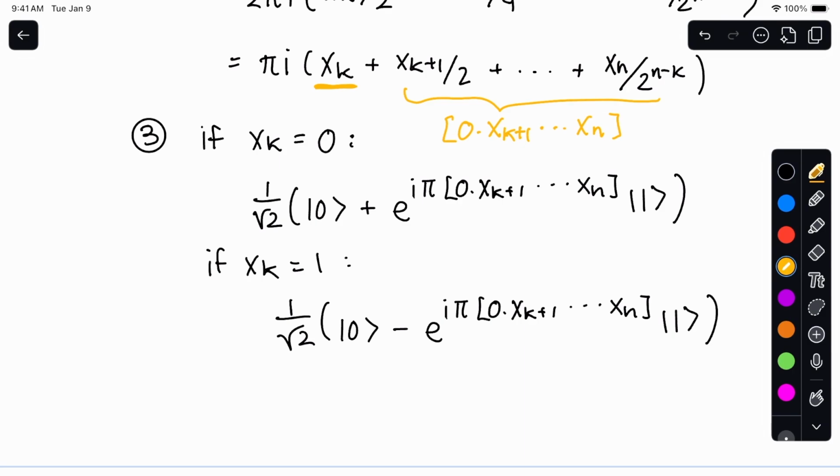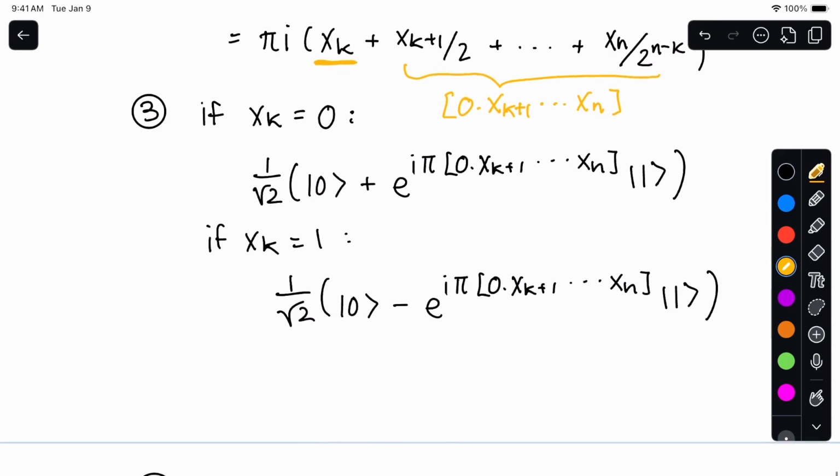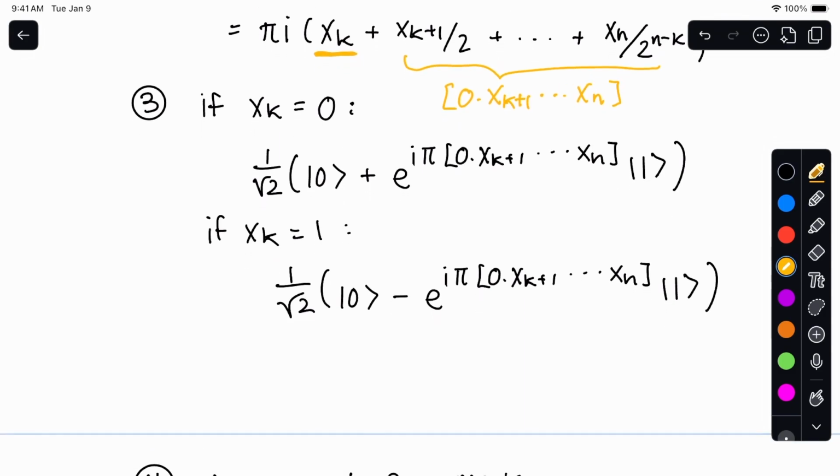Here, pi i times 0 is 0, so we get no phase. But if xk was 1, we'd have that extra factor of e to the i pi, which is minus 1. So what should we apply to xk in order to make it have this behavior?